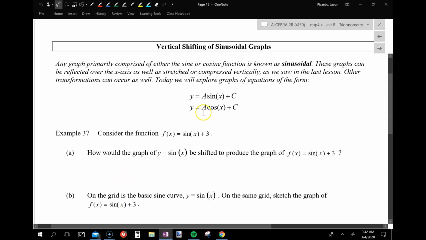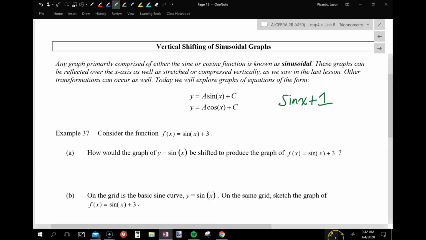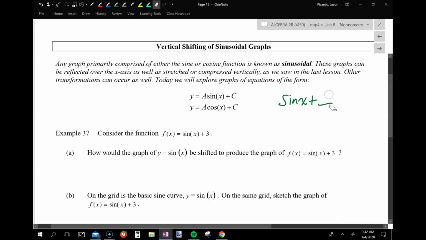So now the question is, what happens if I just add something to it? In other words, don't write this down, but what if I just did this? Actually, let me put a different number. Let me put 2 versus this.